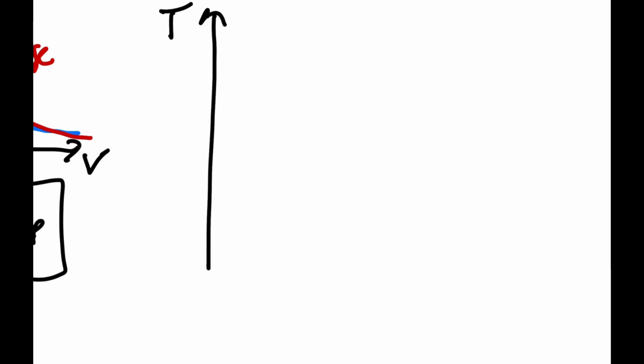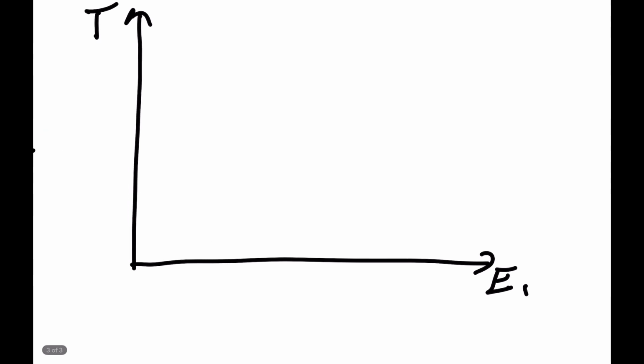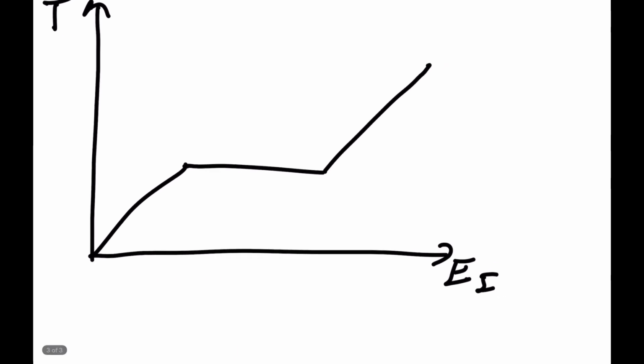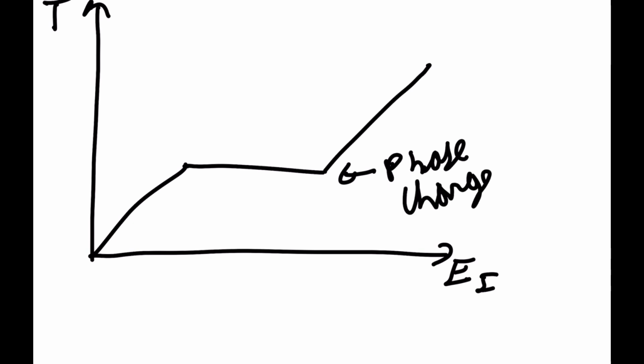Let's draw a temperature diagram to show phase changes. We have temperature and E_I, the internal energy. At the start, when you start heating something up, the temperature increases and the internal energy also increases. But at one point, when there's a phase change, the temperature stays the same and the internal energy increases, and then it carries on.